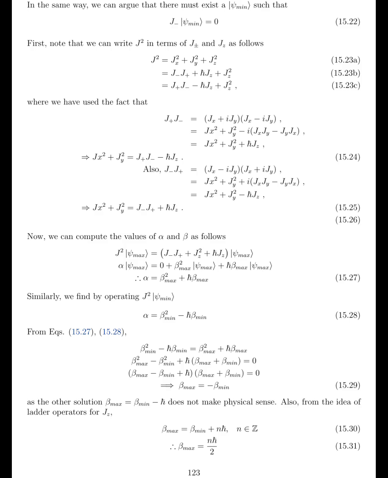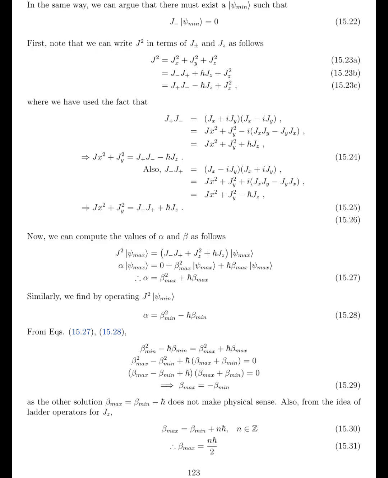We can play the same game with j square acting on psi min as well. And there I will purposely choose to represent it using the other relation. I'll use j plus j minus in its place, such that again that term will annihilate psi min and give me a 0. And instead what I'll end up with is this relation. Alpha is also equal to beta min square minus h bar beta min.